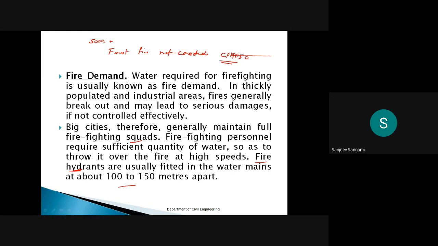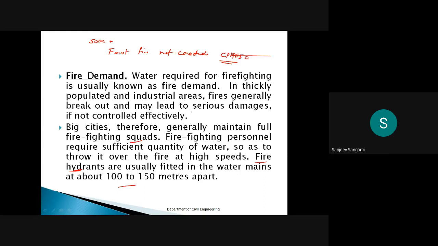to stop the fire? In thickly populated and industrial areas, fire breakouts normally happen, and they may lead to serious damage if not controlled effectively.